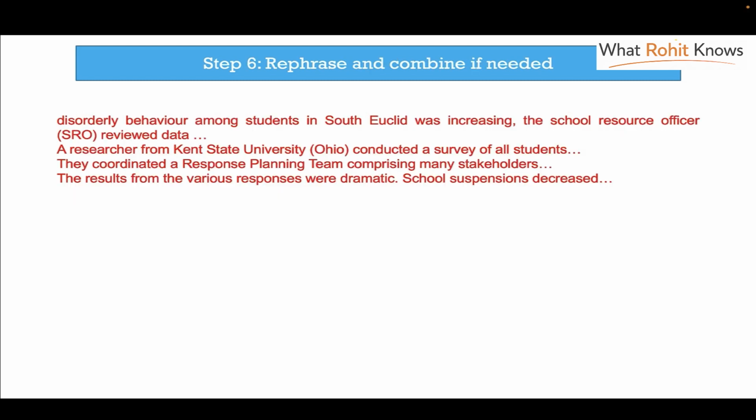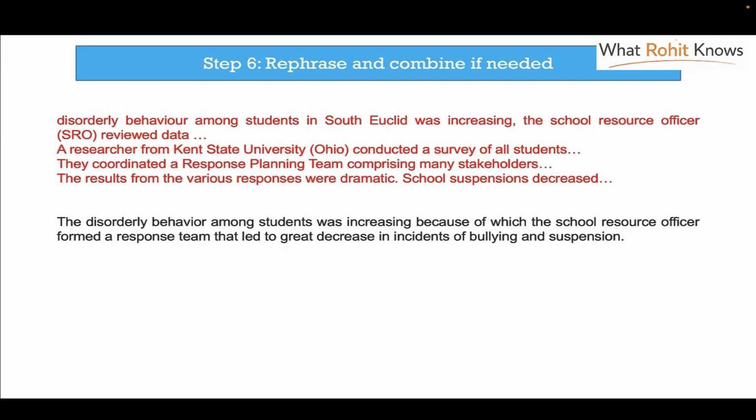So I have these, and there are different ways that these can be combined. For example, a simple way is to just start from the beginning, the way the main text was. The disorderly behavior among students was increasing, because of which the school resource officer formed a response team that led to a great decrease in incidents of bullying and suspension. Now, this is a good summary. Even though it repeats the same sentence, there's some repetition, but it at least captures the main information.